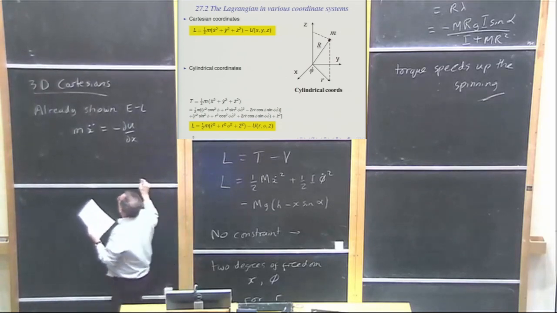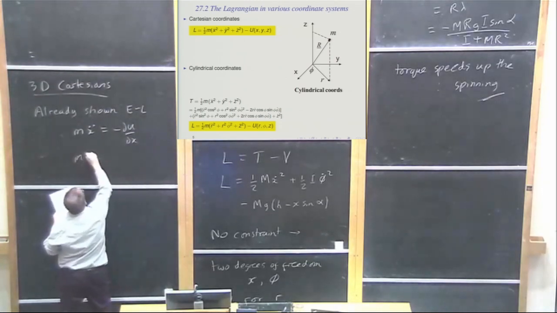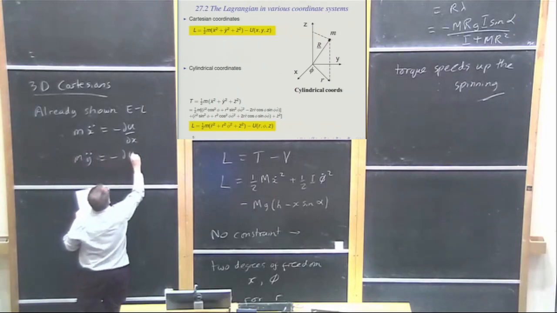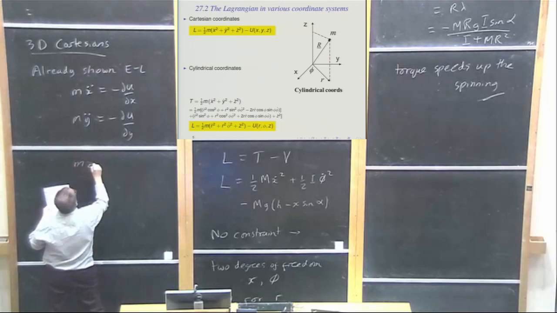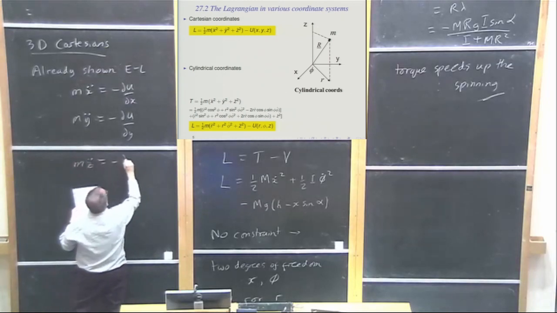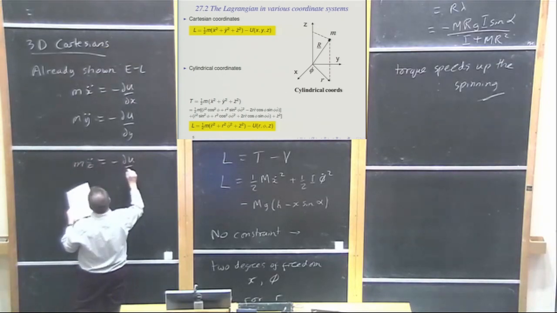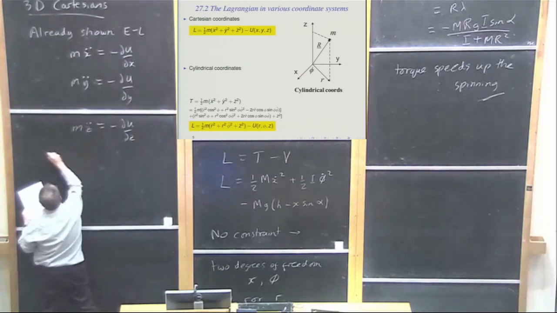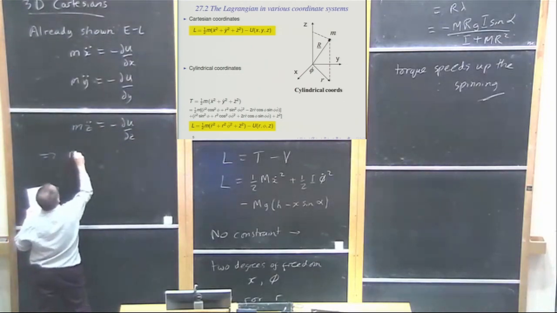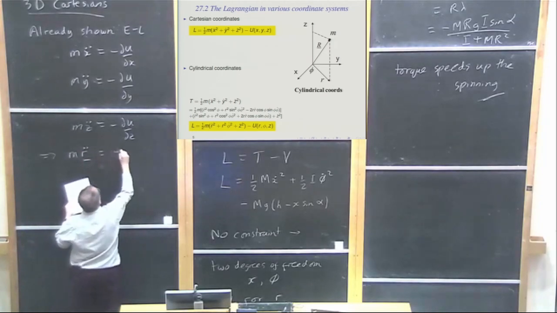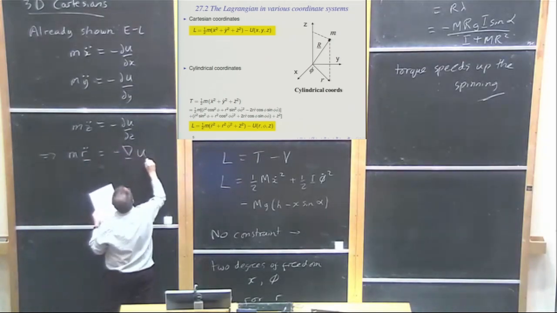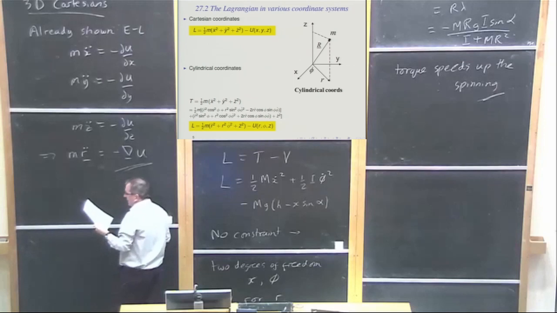So similarly, we have m y double dot equals minus dU by dy, and m z double dot equals minus dU by dz. And if we wish, we can write that in vector form. So m r double dot as a vector equals minus the grad of U.